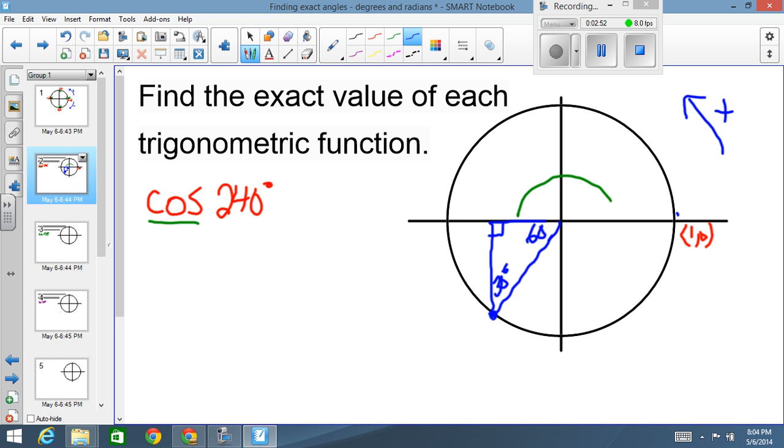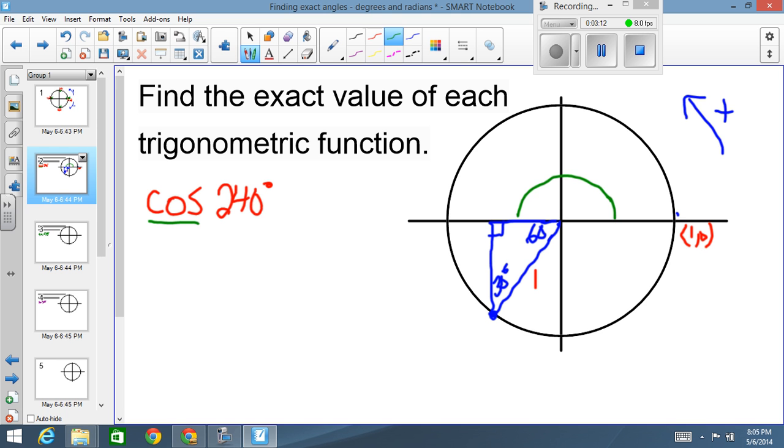So if we look at our right triangle now, I do have a radius right here. That's a length of 1. Any radius in the unit circle is going to be a length of 1. Alright? So now I have this right triangle.